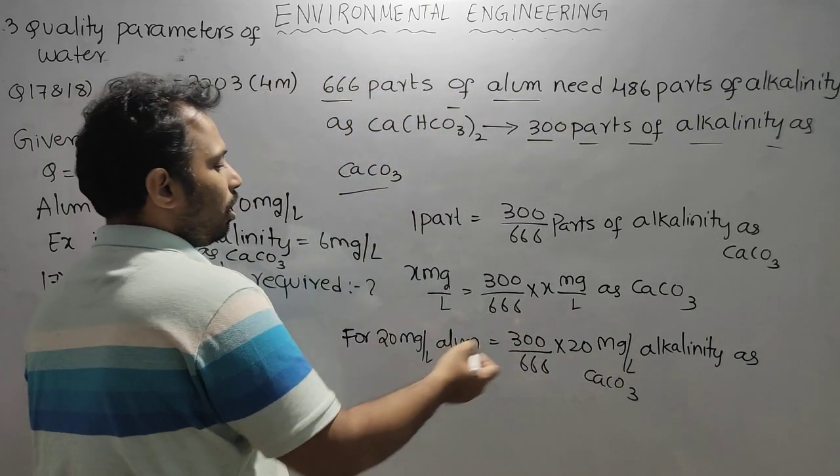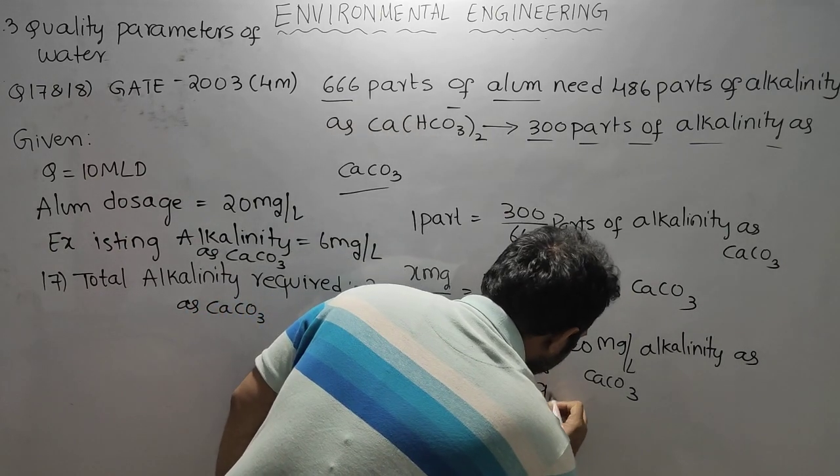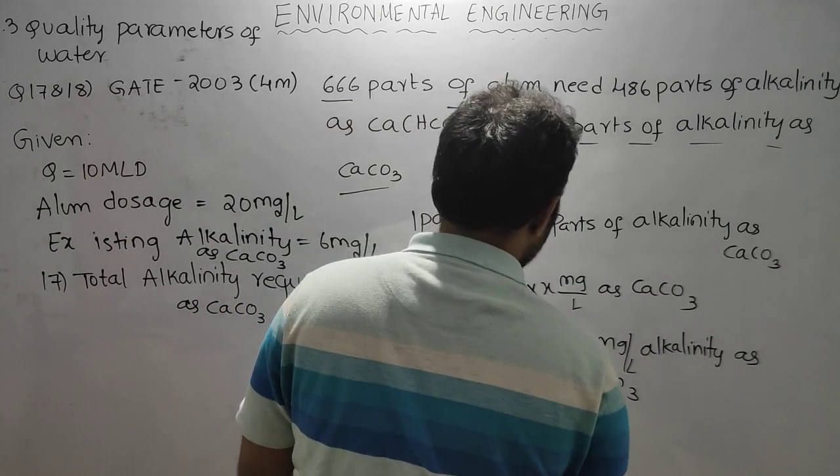If you solve this, we get 9 mg per liter as CaCO3.